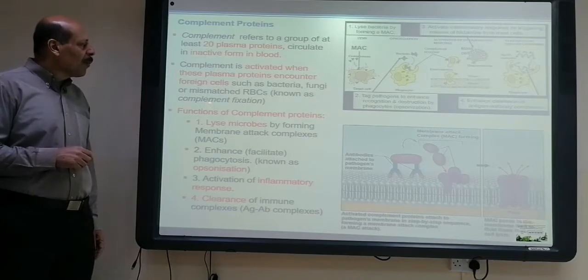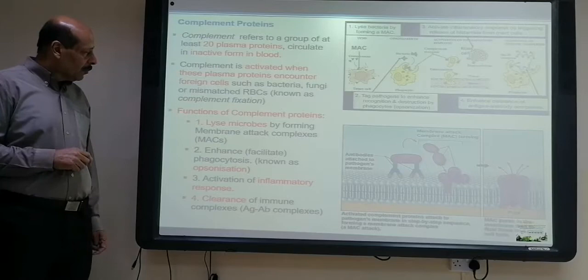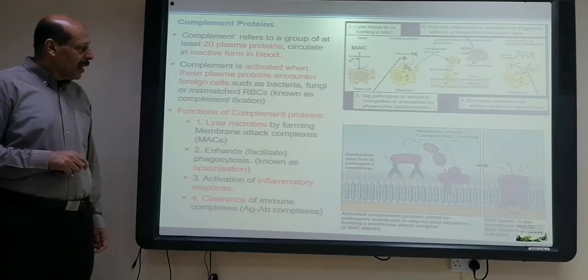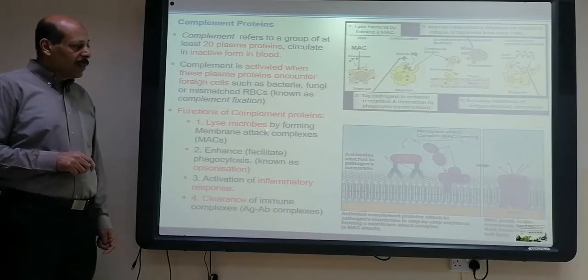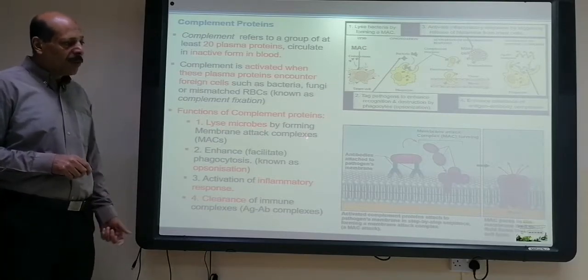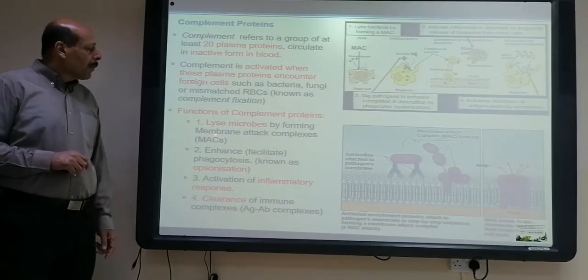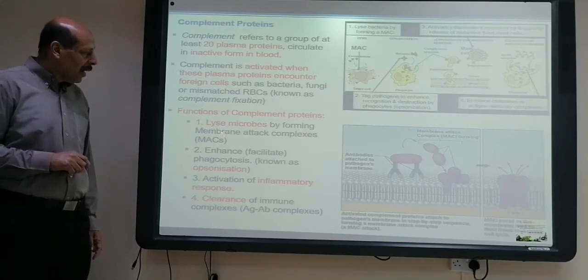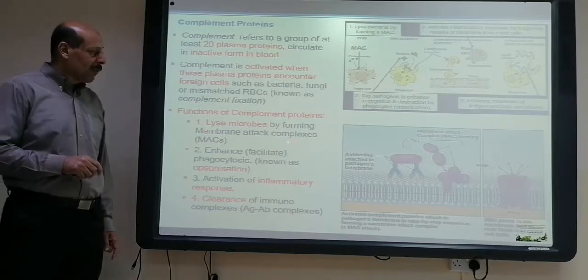This is known as complement fixation. The function of complement protein is to lyse microbes, destroying microbes by forming the membrane attack complex. So they will form what we call the MAC, membrane attack complex.